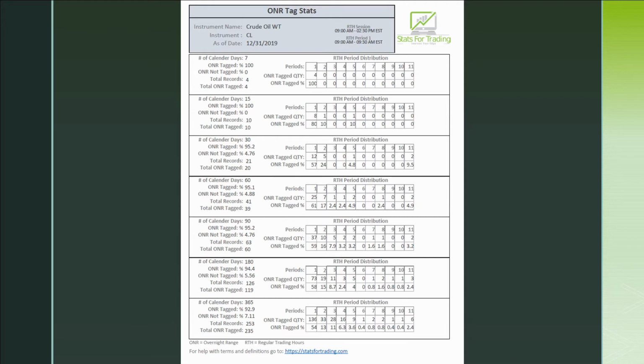Now, a 90% probability is pretty good. That's really good. A 50% is not so good. It's just basically flipping a coin. So keep those things in mind when you're looking at these, the period distribution. So a probability distribution, we show how often it has happened statistically in each period.